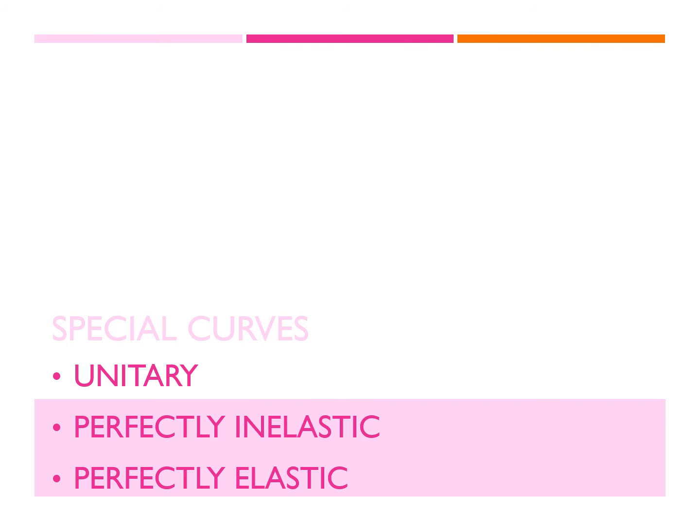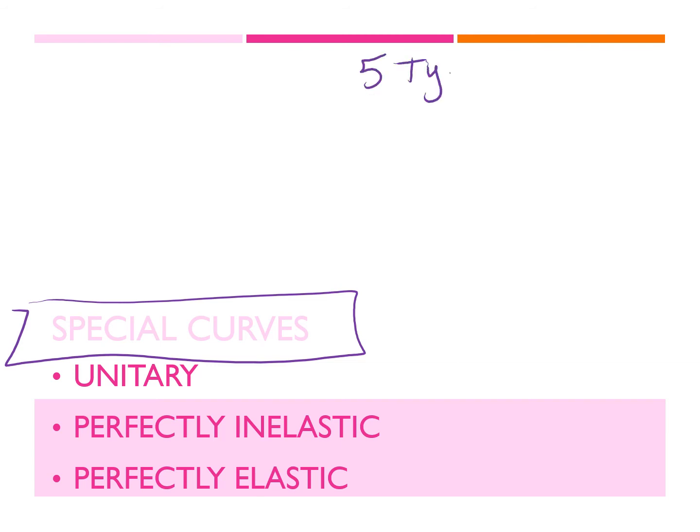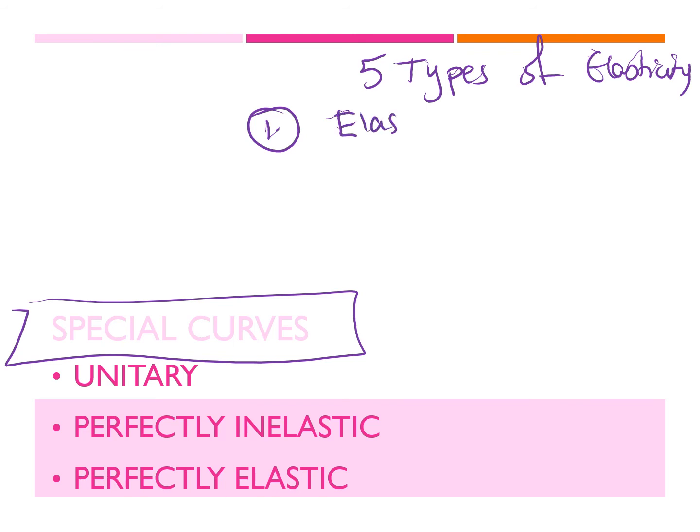Now I will be explaining something called special curves. As we said before, we have 5 types of elasticity. The first one was PED is elastic, and the answer would be greater than 1.